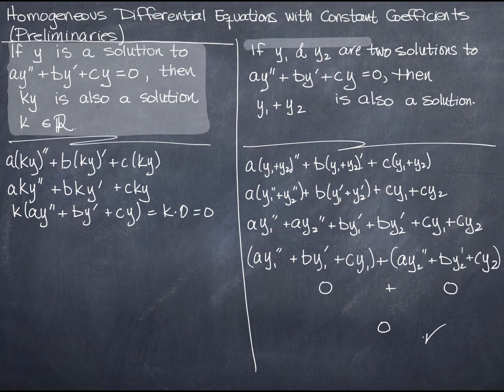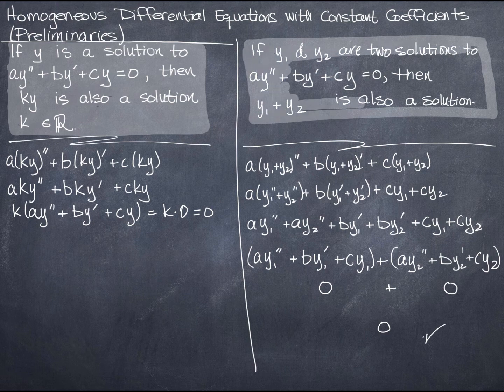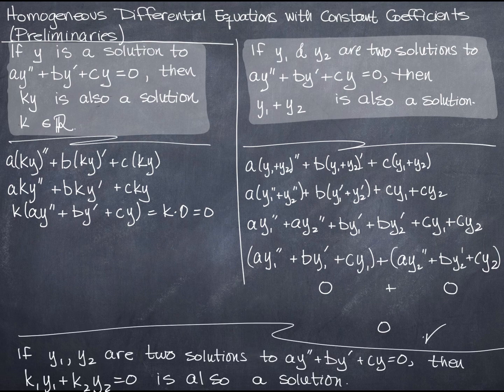And that lets me say this. If I have two solutions to a differential equation of this form, then the sum of those two solutions is also a solution. And to be as general as possible, I'm going to give myself a little extra room down here, and I've written the most general form of this statement.